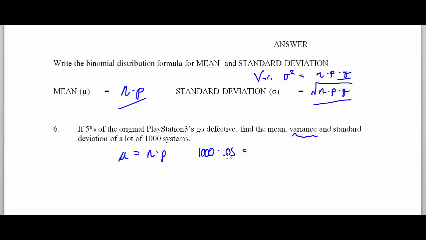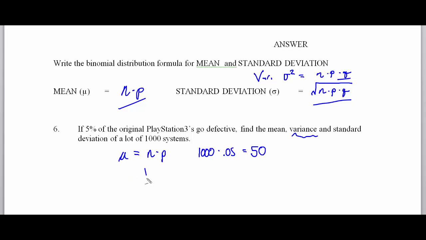And 1,000 times 0.05 is 50 machines. 50 systems are going to be basically defective. That's the average. But we need the standard deviation to know roughly what the normal amount is, give or take, with a 34% chance on either side that we're going to see a number different than this.